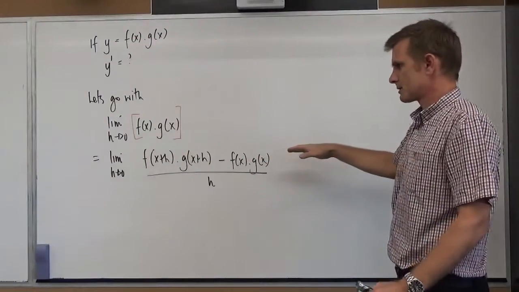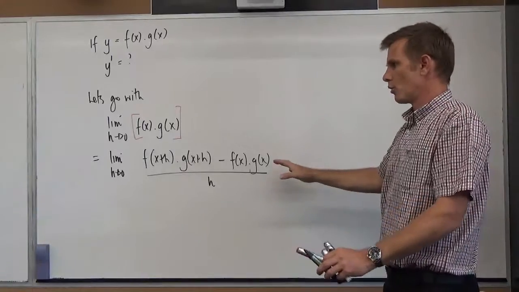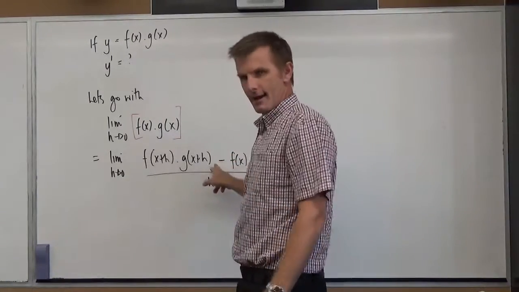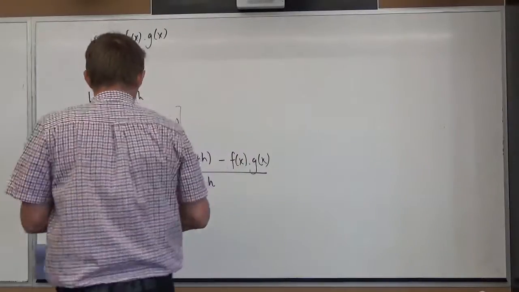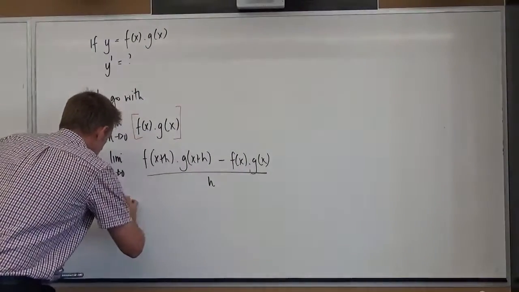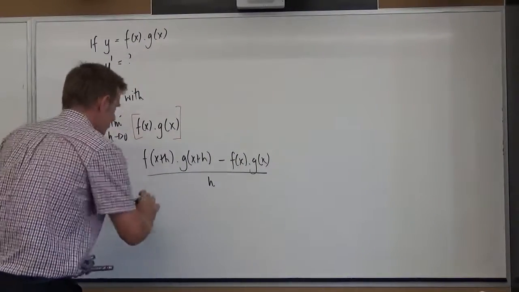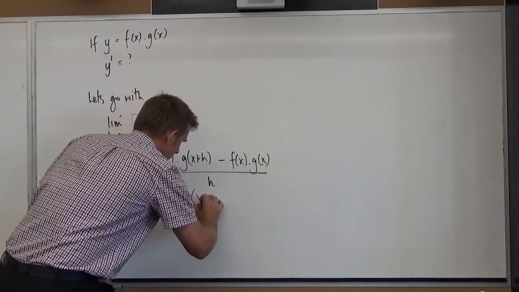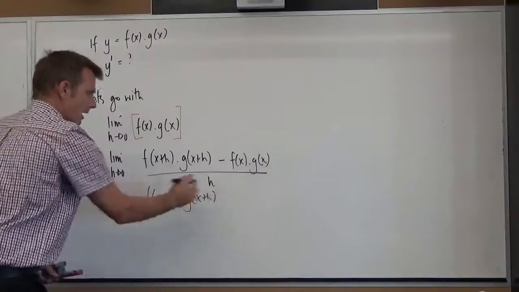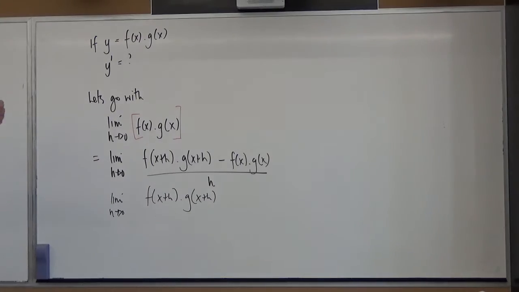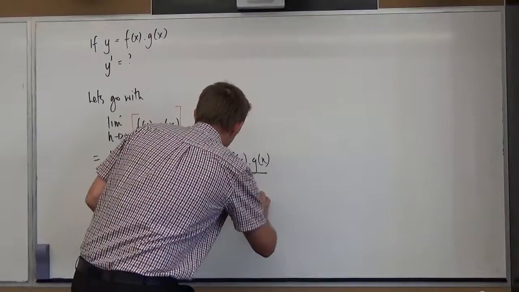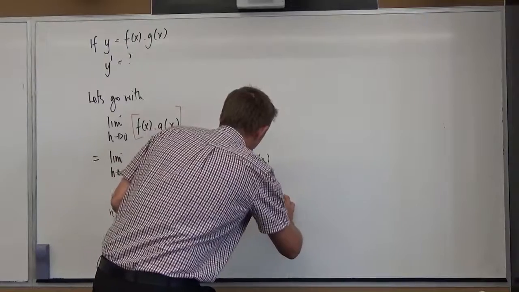Now this is fine as it is, right? But I wouldn't be able to work that out. So now I'm going to add in a little extra bit here. I'm going to say the limit as h approaches 0 of f of x plus h times g of x plus h. Now I'm going to add in a little extra: minus f of x plus h times g of x.